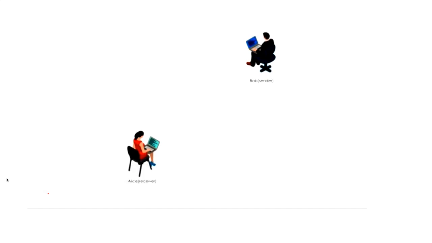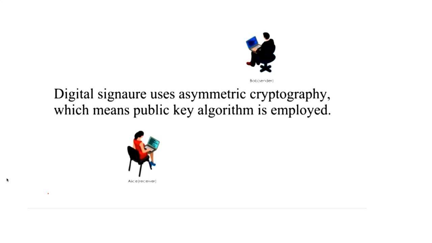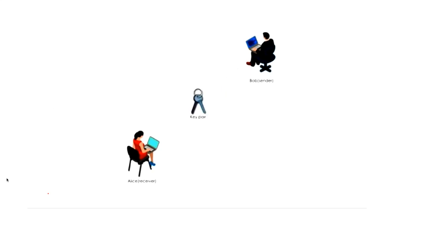So as both the users are there, they use the asymmetric key concept in this digital signature, which means the public key algorithm is employed for the digital signature. So the very first step in digital signature, the sender has to generate the public key and private key. Then the private key is kept with the sender and the public key will be given to the receiver.